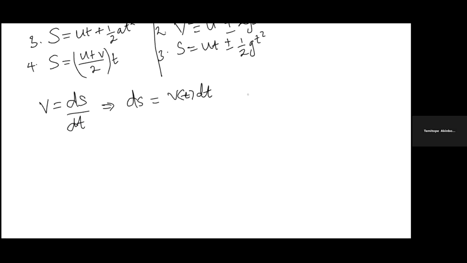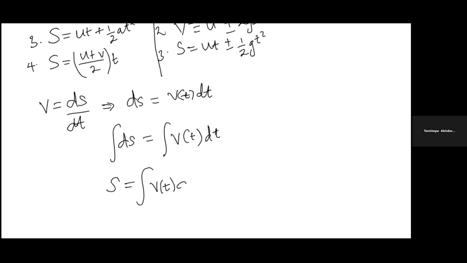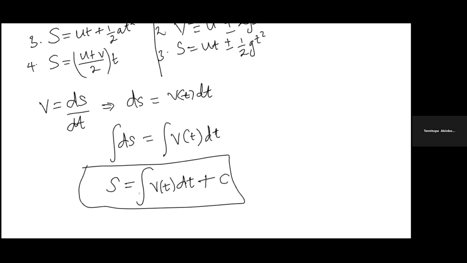Because I'm having dt here, it means I'm going to integrate v with respect to t. So that means v must be a function of t. So if you take the integral of both sides, integral of ds equals integral of v(t) dt. And that means s, because the integral of ds is s, will now be the integral of v dt, plus a constant of integration. But oftentimes there will be an initial condition given, so this integration is expected to be a definite integral, following from the initial condition given in the question.